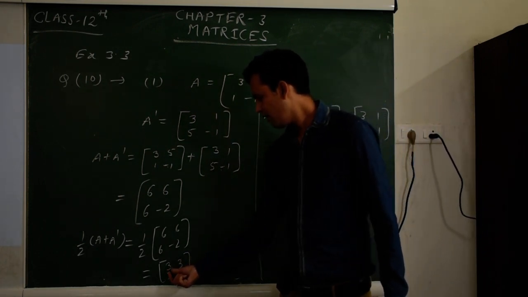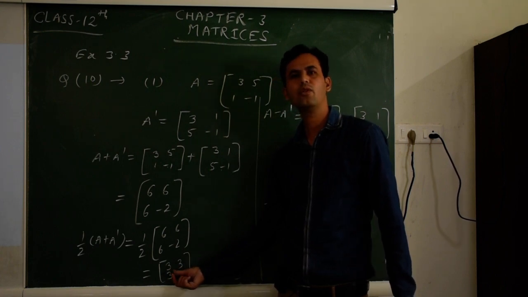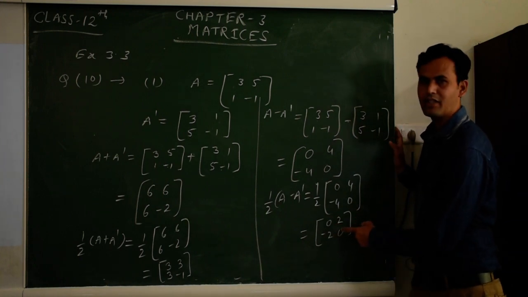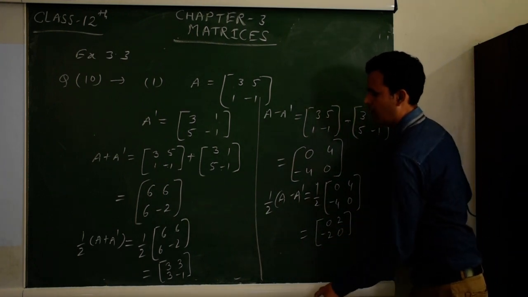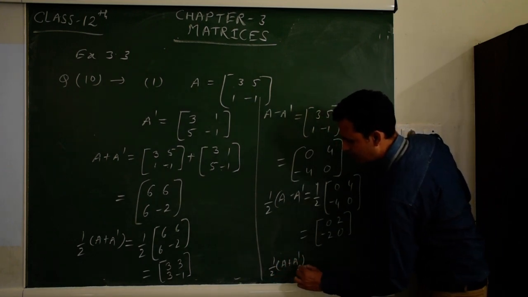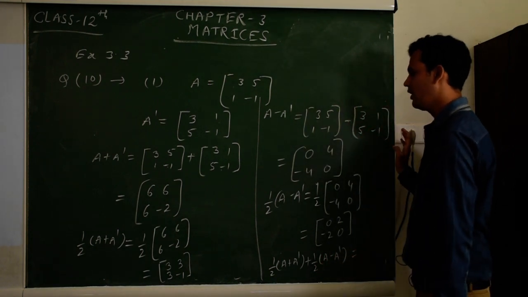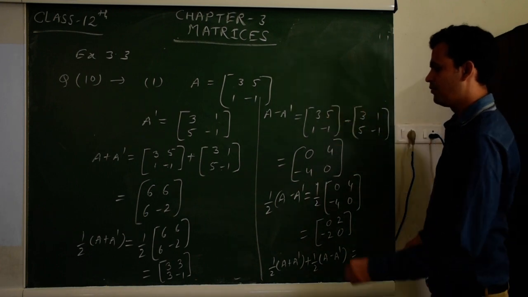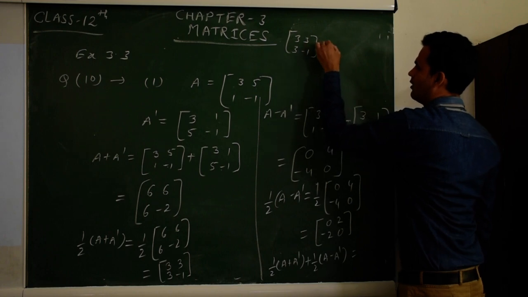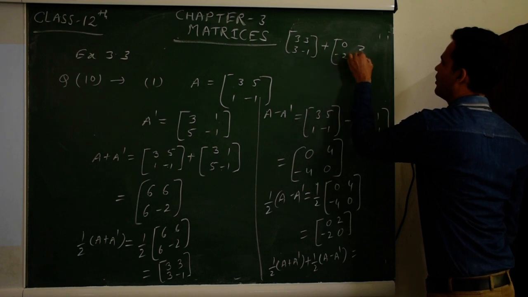So what we see here is a symmetric matrix, because when we change rows into columns, no change occurs. And similarly here, a skew symmetric matrix. Then if we add 1 by 2 A plus A dash and 1 by 2 A minus A dash, we write [3, 3; 3, -1] plus [0, 2; -2, 0].